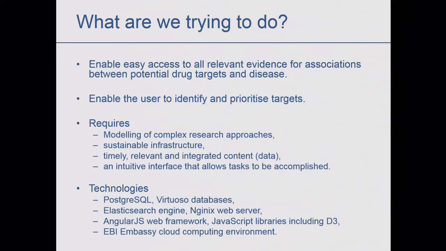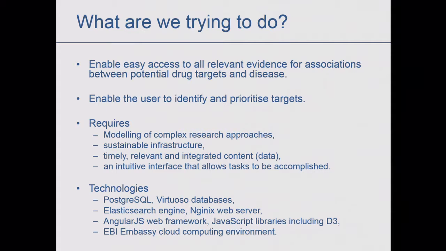You should be able to go there and understand what you're seeing straight away. And really, it's driven by the user. So it's not about me as a scientist saying, this is what you should have. It's about the user saying, these are the kinds of information that we want. This is how we expect to see them. This is how we could see them. How can we integrate them together?